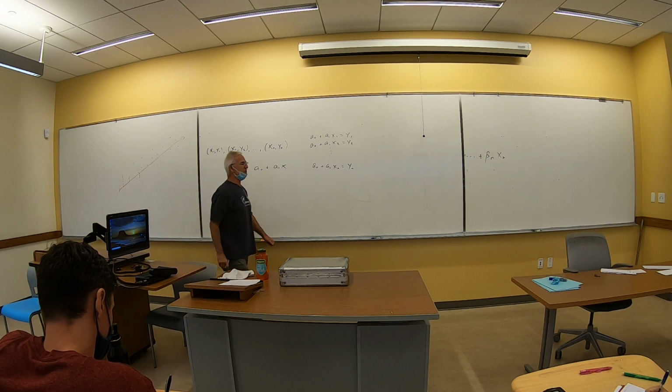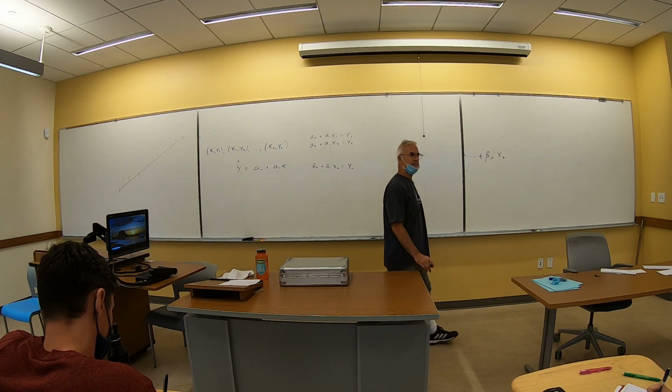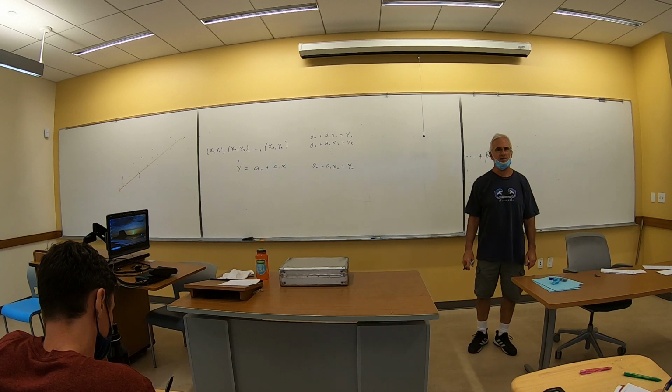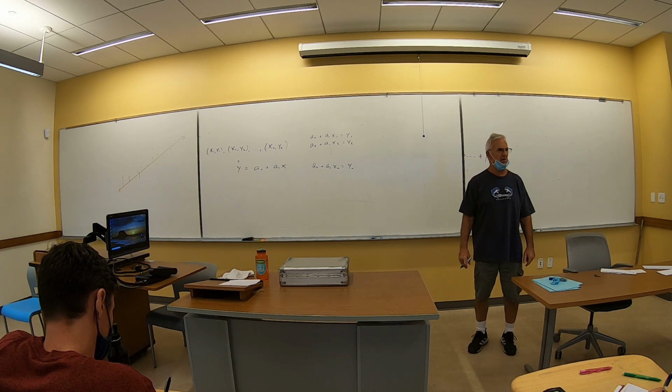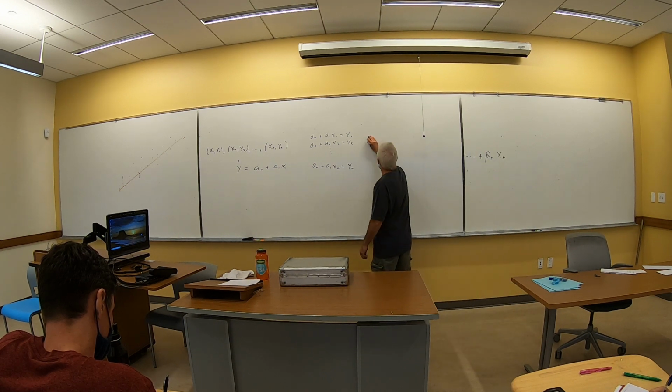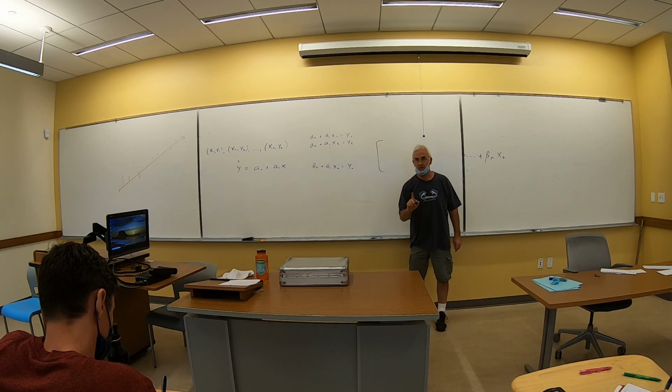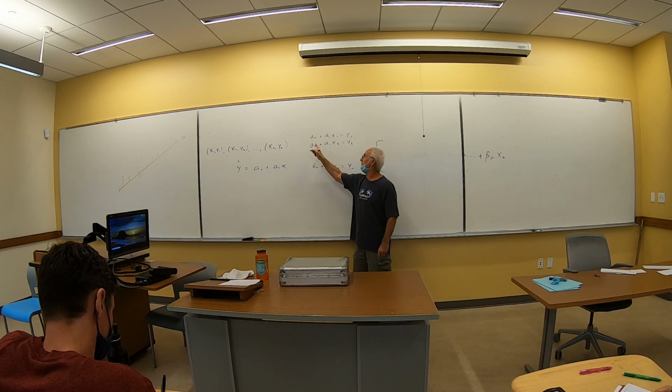What I'd like to do is write this as a matrix product. Could we write this as a matrix product? Yeah, that'd be pretty easy, actually. So I'm going to write it this way. What are my unknowns again? A0 and A1, not the x's. So think of it this way. What's the coefficient of A0? 1. What's the coefficient of A1?